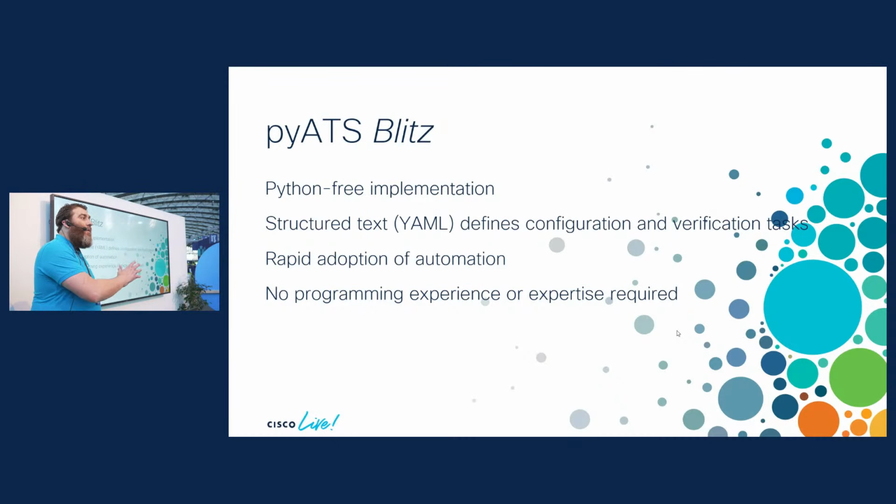A great segue or a great migration path from Ansible, if that's the tool that you're using now, because it's just YAML. It's just structured text. Structured text defines configuration and verification tasks. No Python. Rapid adoption of automation because it's just YAML. No programming experience or expertise required.